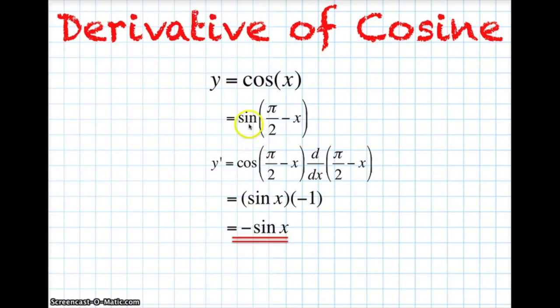For that, we find the derivative of sine multiplied by the bracket, and then the derivative of the bracket inside. So the derivative of sine is cos of pi over 2 minus x, and then the derivative of the bracket is negative 1. So that is sine x times negative 1, which equals negative sine x. So the derivative of cosine is negative sine x.